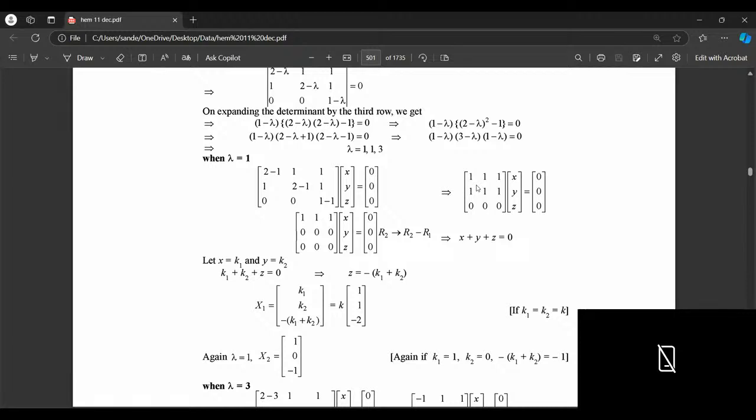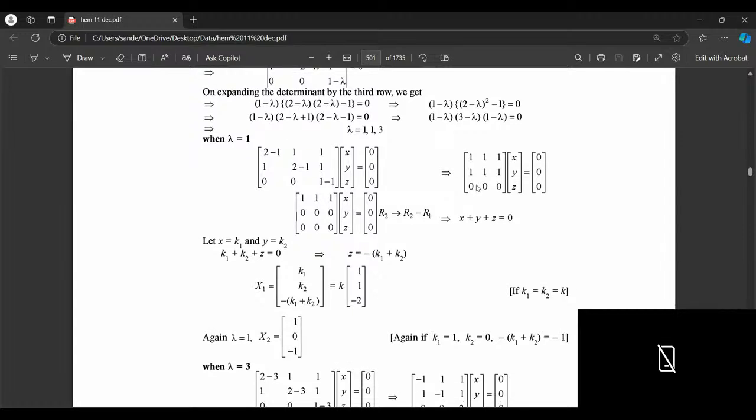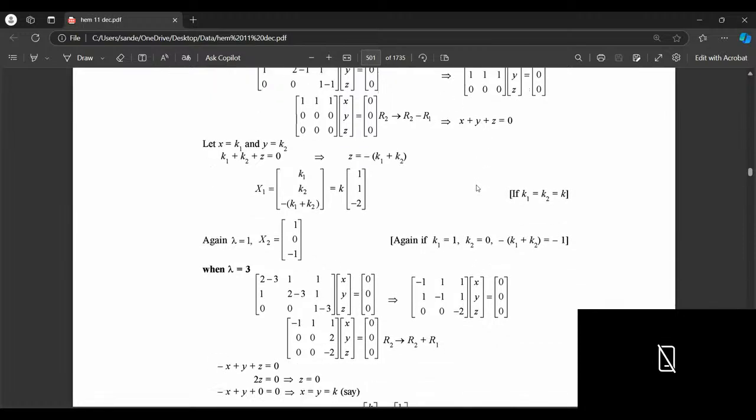Either k1 is 0, k2 is 1, or k2 is 0, k1 is 1, or both 1, 1, either same or different. You may take anything from these. It means you will get different eigenvectors. Now, for third eigenvalue, lambda equal to 3.